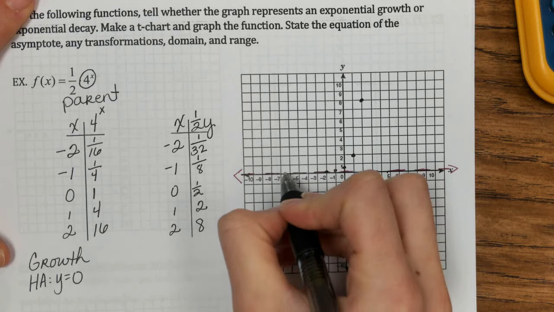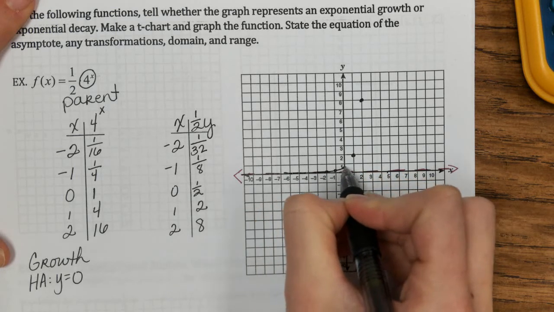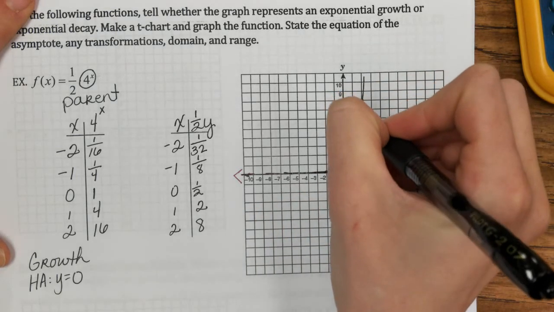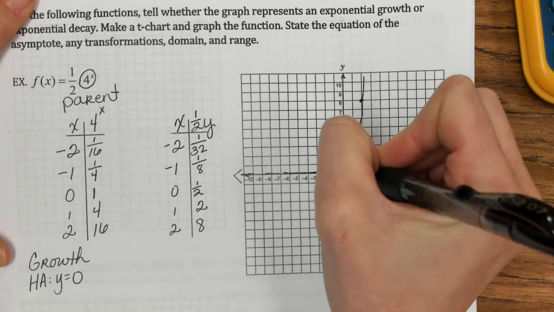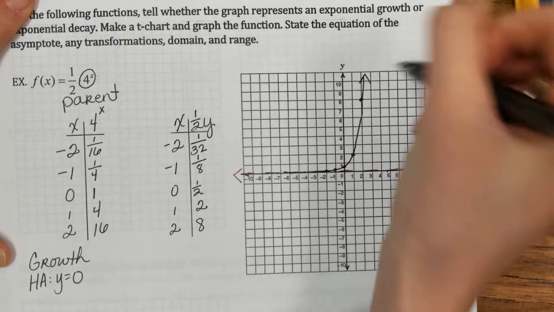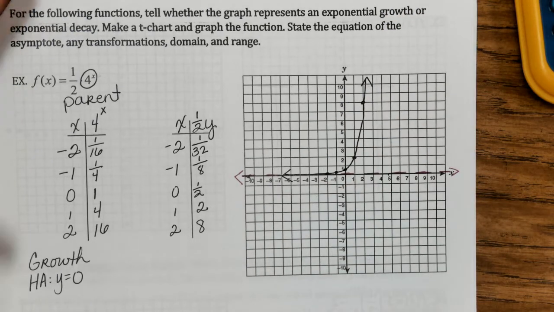So just get as close to 0 as you can for those two first points for when x = -2 and x = -1. If you cross over that asymptote that you drew, you will get points off because you have to understand it's going to level out right at that y = 0.